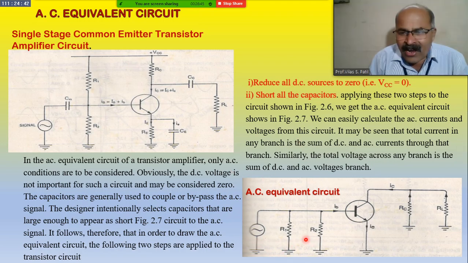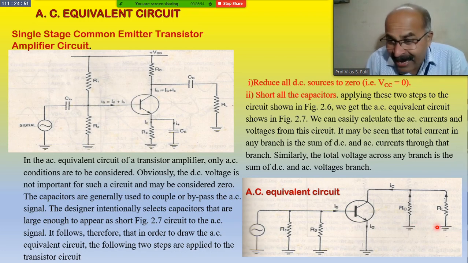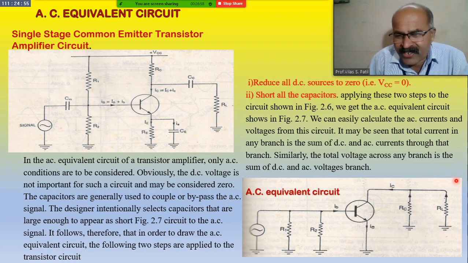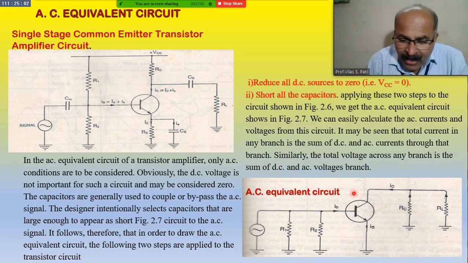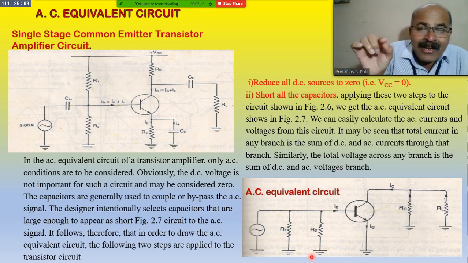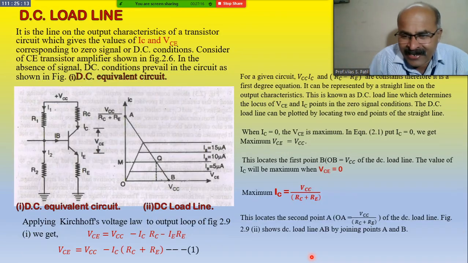R1 and R2 are in parallel, and also in the output circuit, RC and RL are parallel. Here these two resistors are parallel in the output circuit, as well as these two resistances R1 and R2 are parallel in the input side of the AC equivalent circuit.